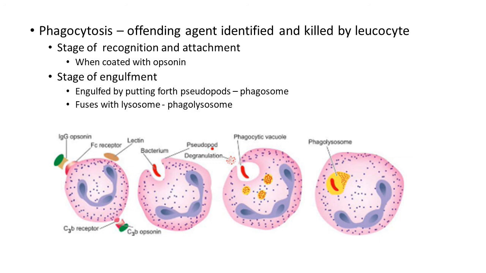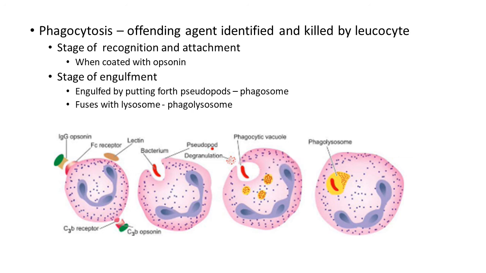Once the offending agent is recognized, the next stage is engulfment. Engulfment is brought about by putting forth of cytoplasmic pseudopods. These pseudopods engulf the offending agent, and then the plasma membrane enclosing the particle breaks free from the cell surface, leading to the formation of a membrane-lined phagocytic vacuole with the offending agent inside, called phagosome.